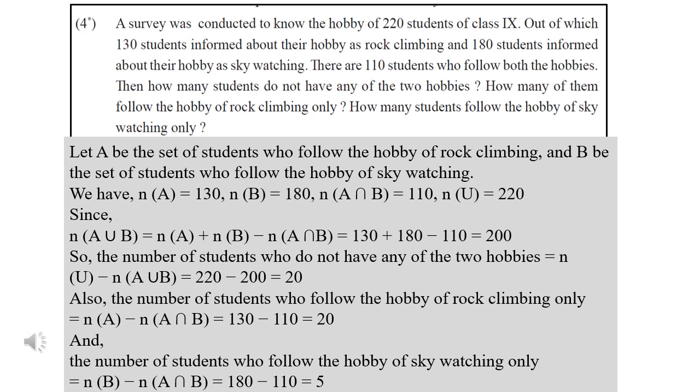The number of students who follow sky watching as their only hobby. So here again n(B) means the total number of students who have sky watching as their hobby, minus the intersection, will give me only the students who have the hobby of sky watching. So 180 minus 110 is equal to 70.